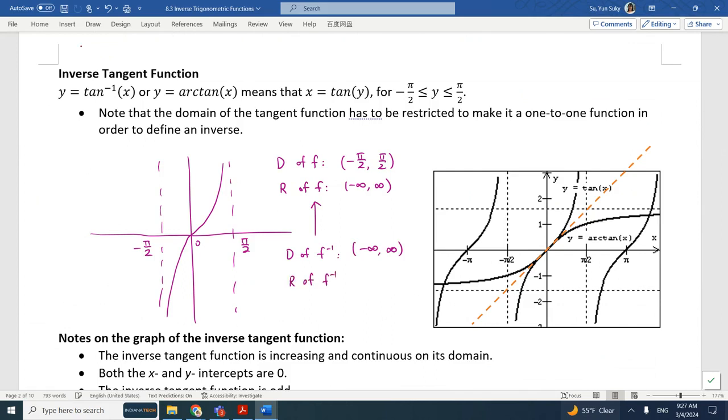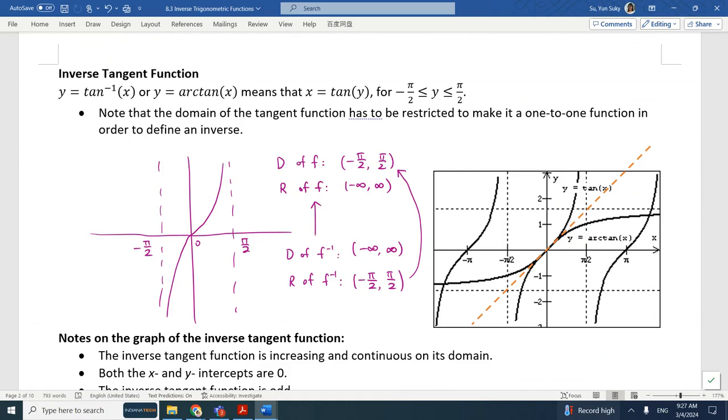And the range of the inverse tangent corresponds to the domain of the tangent, so it's from minus pi over 2 to pi over 2. Look at the graph. This graph is the arctangent. The domain, all real numbers. The range is from minus pi over 2 to pi over 2.